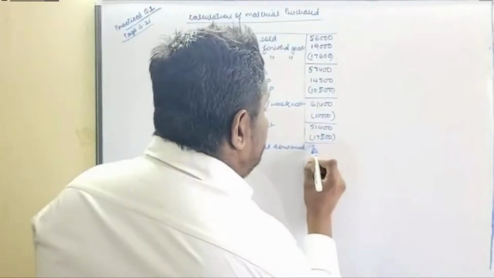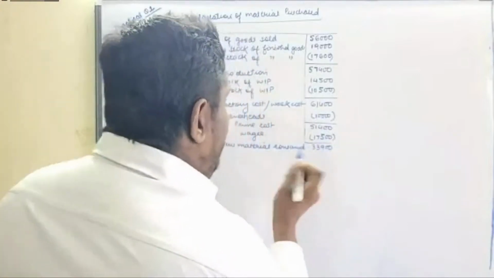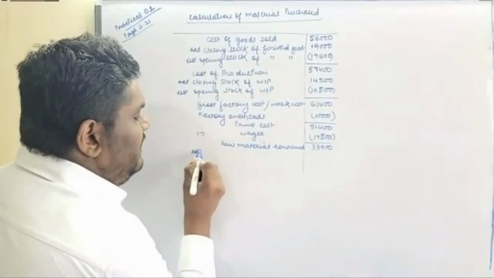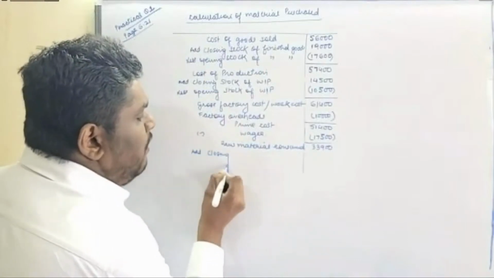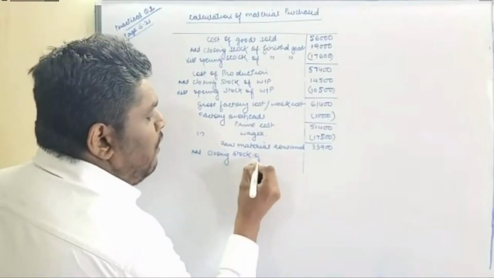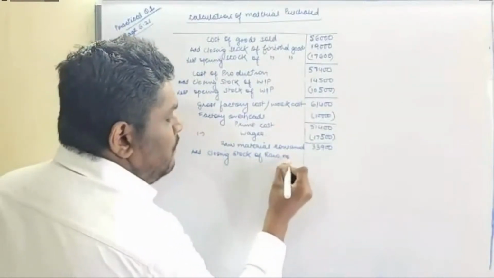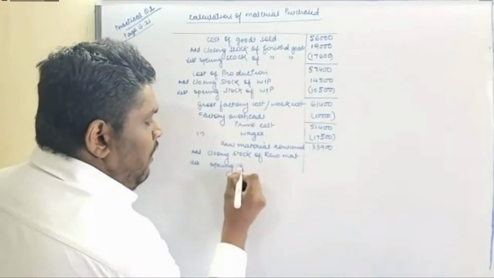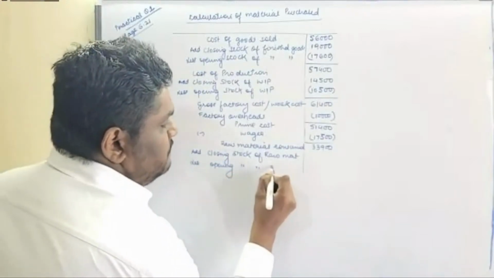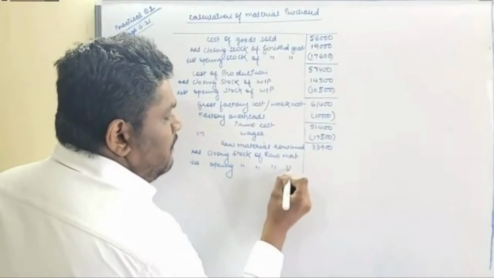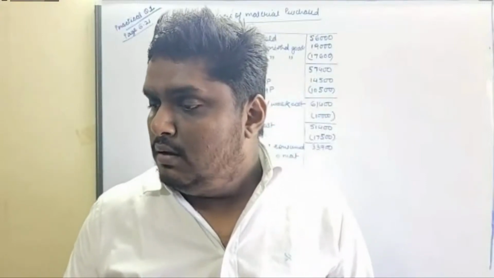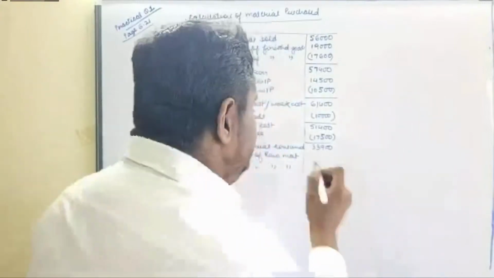This will be 33,900. If we make adjustments of opening and closing stock of raw material, so add closing stock of raw material. The closing stock of raw material is 10,600.